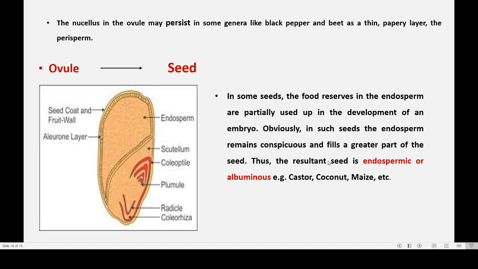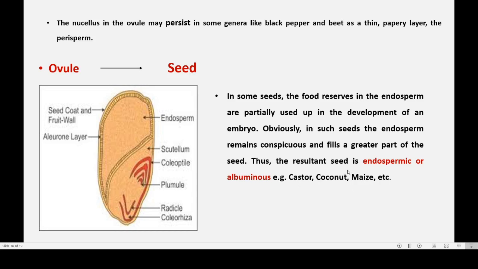That type of seed is known as endospermic or albuminous seed, where you will find endosperm after the development of the seed also. Mostly plants like monocots are the examples of this endospermic or albuminous type of seed.